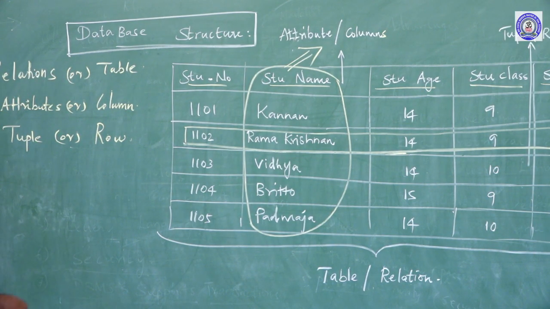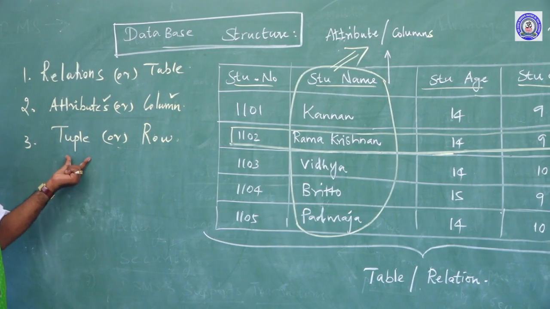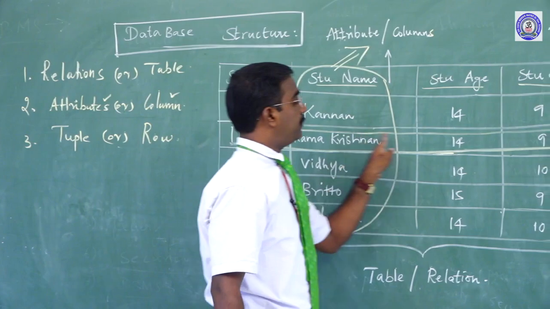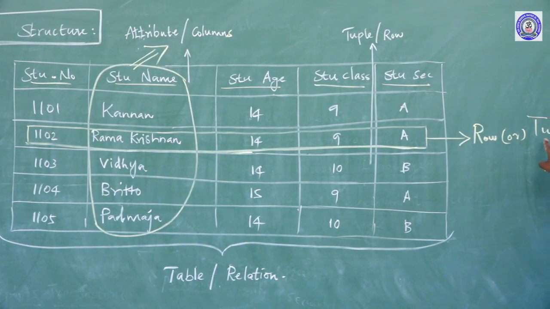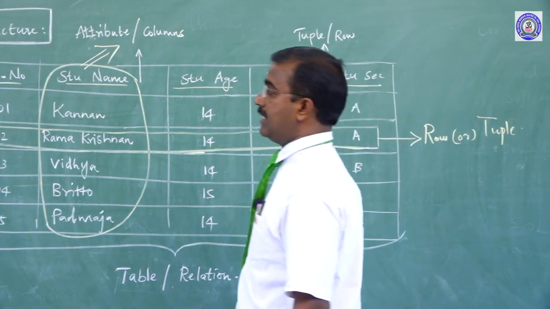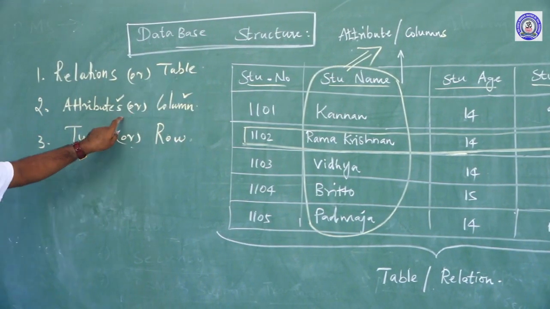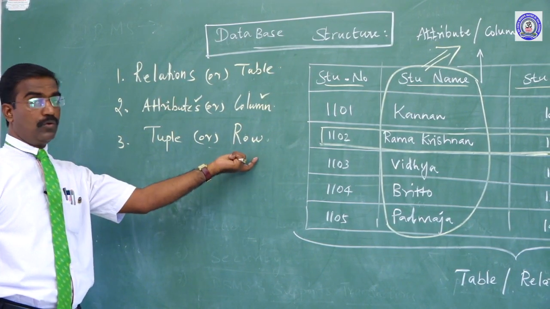So attributes and columns. Here a tuple or row is nothing but the complete row in the table. So the relations are also called tables, attributes or columns, and tuple or row.